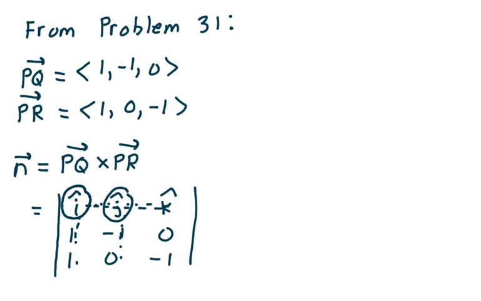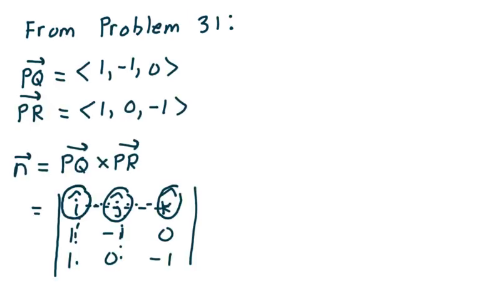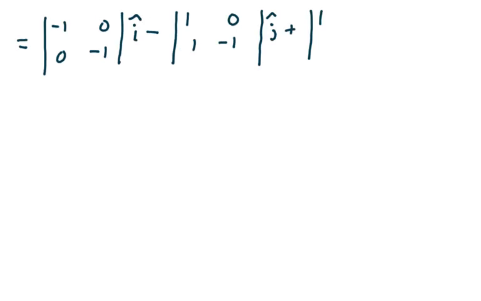And then, again, we're expanding around the first row, right? So I look at the entry K and eliminate the row and the column that contains the K and take the determinant of what's left. And what's left is 1, negative 1, 1, 0. So I take that determinant times K.